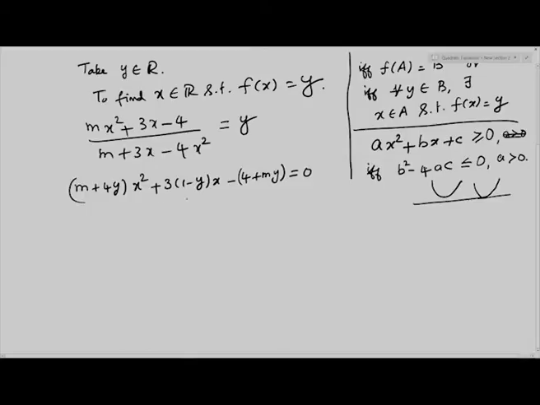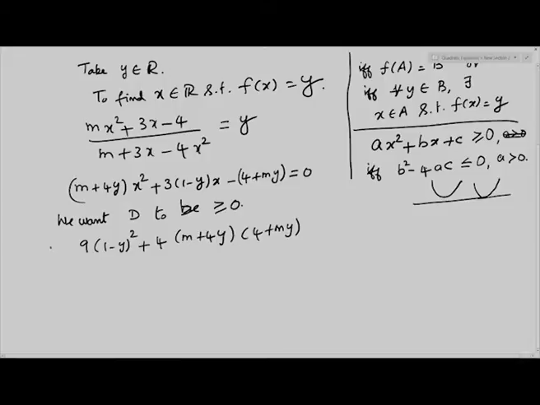So b square minus 4ac, the discriminant D, should be greater than or equal to 0. Let us take D equal to b square, that is 9 times (1 minus y) whole square, plus 4 times (m plus 4y) times (4 plus my).